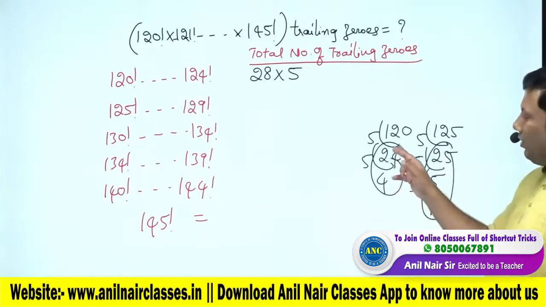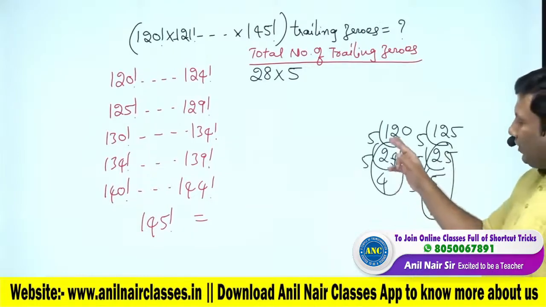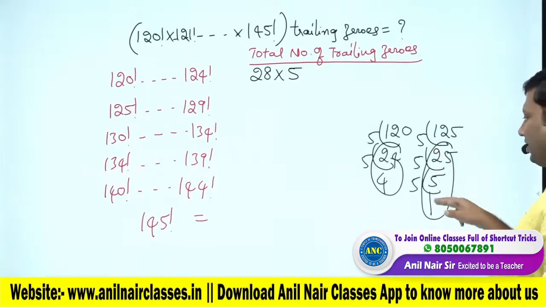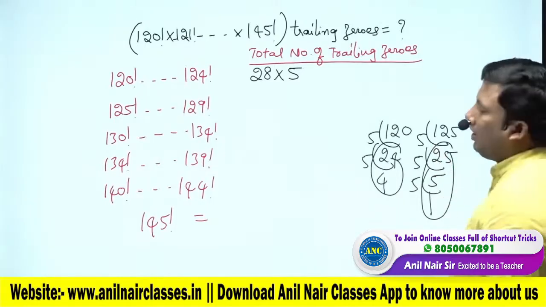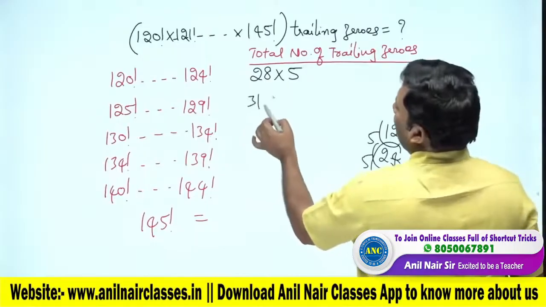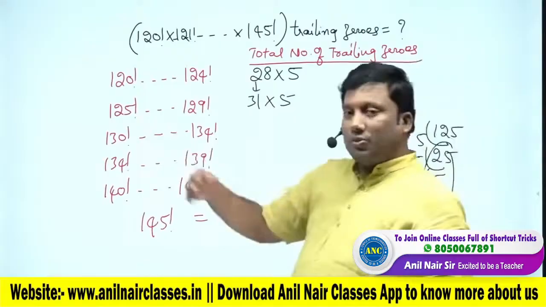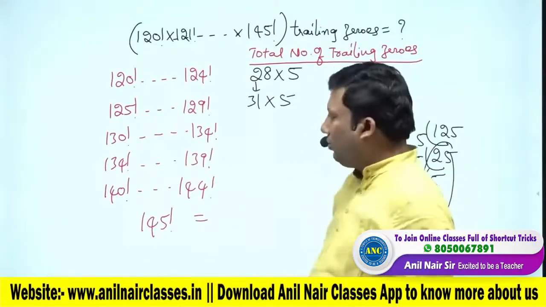Here I got 5 24s are, 5 4s are, 5 25s are, 5 5s are, 5 1s are. 31 I got. So it is 31 into 5. Why is there an extra 3? Because 125 is 5 cube.